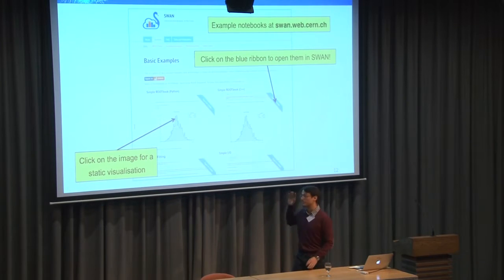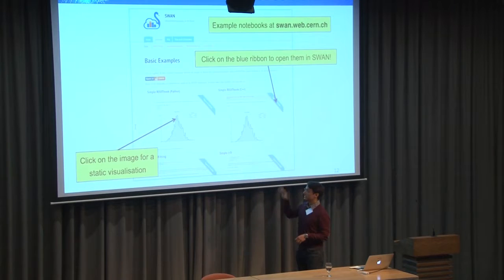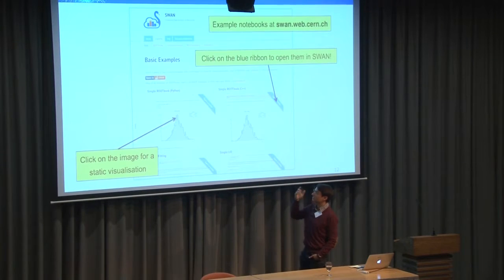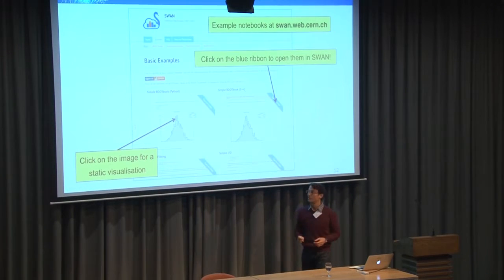This is an example from the SWAN website, where you can find galleries divided in different categories, and people come there and see snapshots of the notebooks, screenshots, sorry, and they can either choose to open them and visualize them statically, or, if you have a look at this small ribbon on the corner, they can click there, and if they authenticate with a certain username and password in SWAN, automatically SWAN will open this notebook in their Sandbox. It will copy the notebook to the Sandbox and open it for them to inspect it and also to run it in their account.